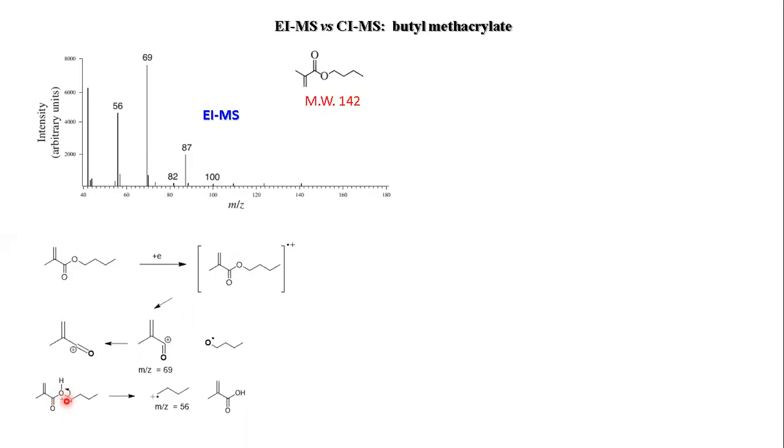That oxygen can take one hydrogen atom from the nearby carbon, so it becomes a radical at this position. Now oxygen carries the plus charge, so that bond can clip, and you have a dot plus on this carbon, and this particular fragment has mass 56. This one is less stabilized with respect to the other, so that's why the 56 peak is smaller in size. The 69 is the maximum.